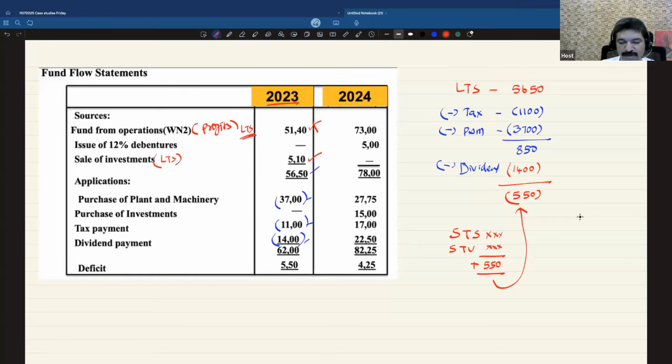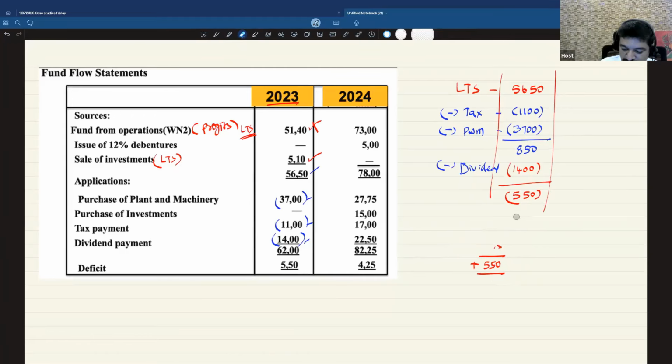This surplus of 550 may be money payable to some supplier, money payable to the banker, or an advance received from a customer. Do you think what the company has done here is right? Answer is no, right? If you look at it from this angle, this is wrong. So what could this company ideally have done in this situation?